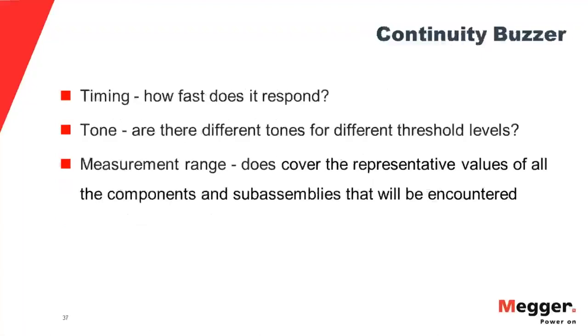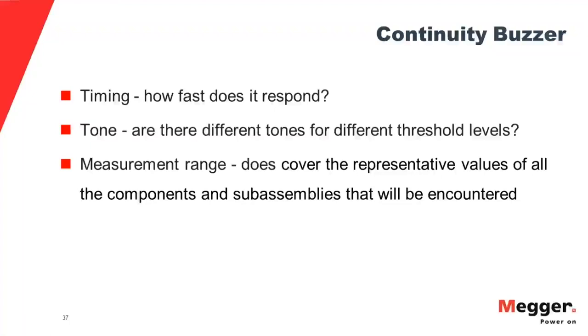Continuity buzzers, these are a good way of getting in and out of continuity testing quickly by not having to look at the numbers. You can set a buzzer and hear the buzzer go off. You made the continuity level and you're good, and you can move on.